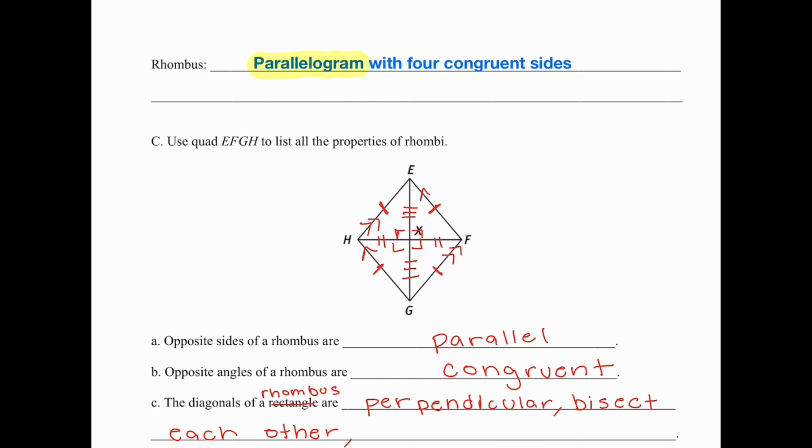So for instance, H is split in two, and F is split in two. And we also know that all of those parts are congruent because the opposite angles are congruent. And the halves of G are congruent, and the halves of E are congruent. A lot of markings.